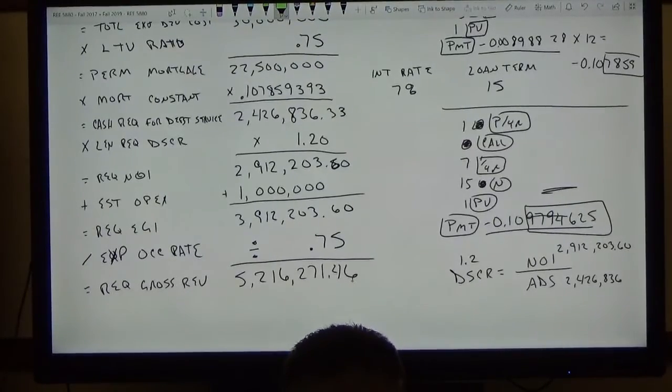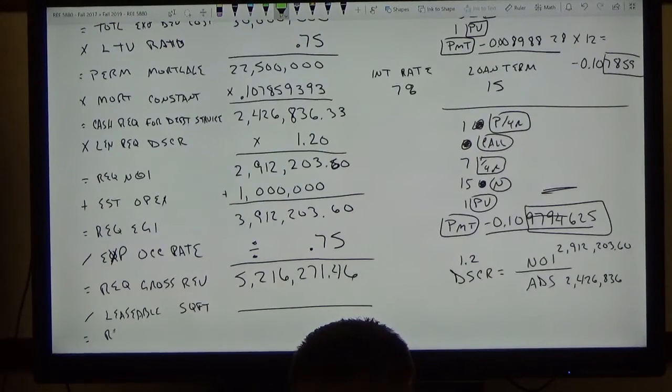All right. And so we divide that by the leasable square feet, and then that is going to give us the rent required per square foot per year. Okay?